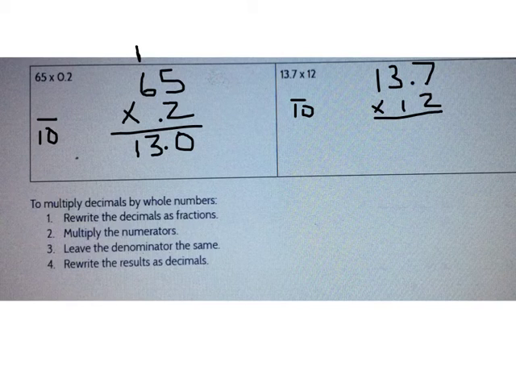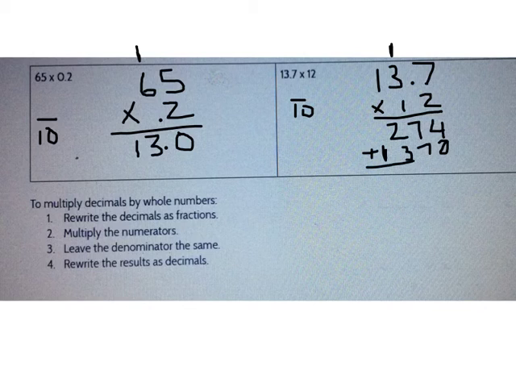First, with no decimal, what's 137 times 12? 2 times 7 is 14. 2 times 3 is 6, plus 1 is 7. 2 times 1 is 2. Drop my 0. 1 times 7 is 7. 1 times 3 is 3. 1 times 1 is 1.